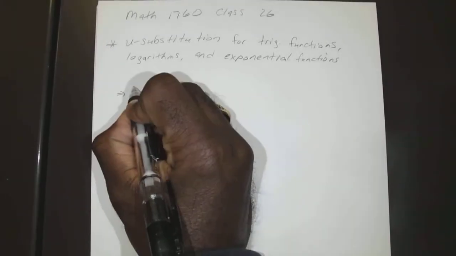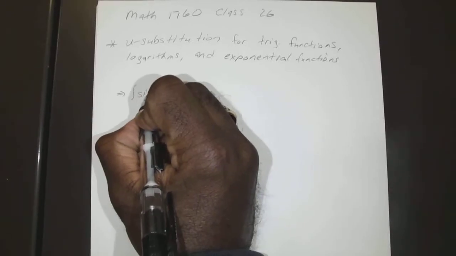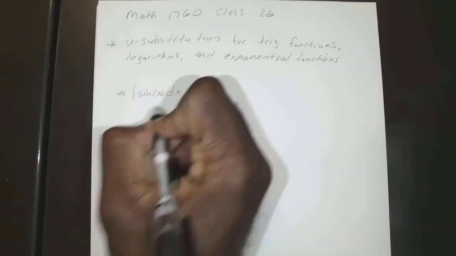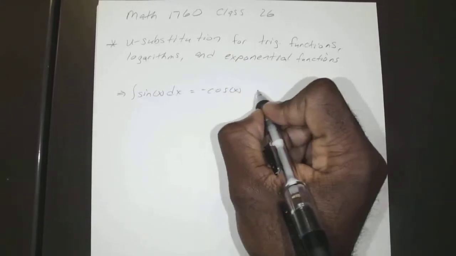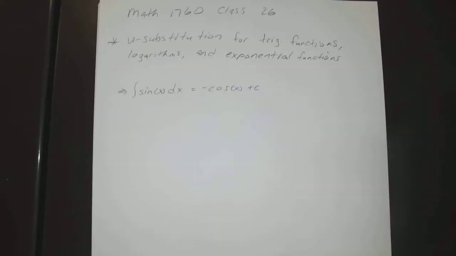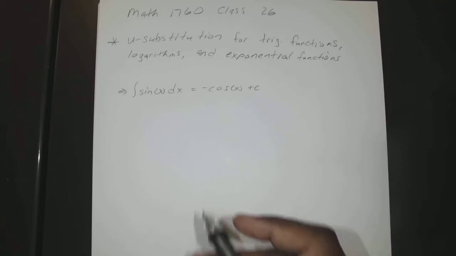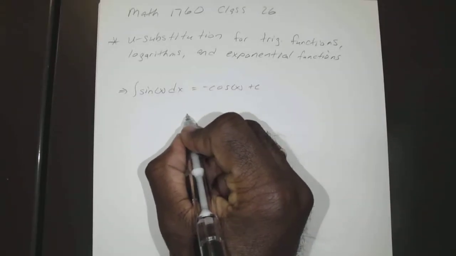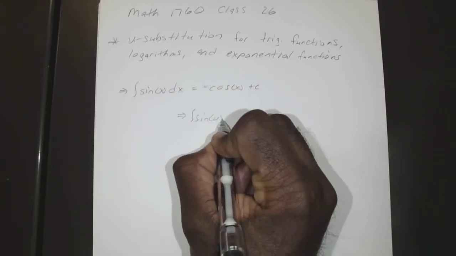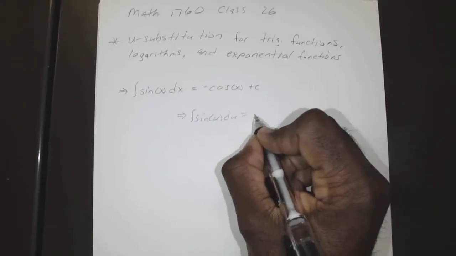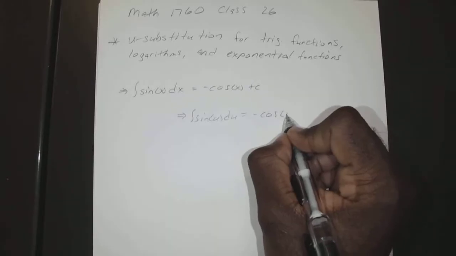Okay, so if we know that the integral of sine of x dx is equal to negative cosine of x plus c, then that means the integral of sine of u du is equal to negative cosine of u plus c.